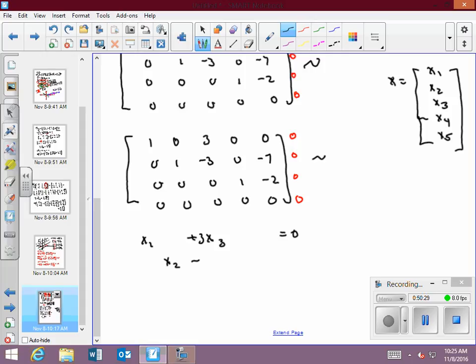This is 3x3 minus 3x3, and then minus 7x5 equals 0. The next one down is x4, isn't it? x4 minus 2x5 equals 0. And then x5 equals 0, right?